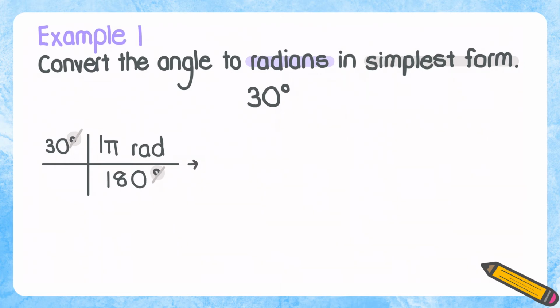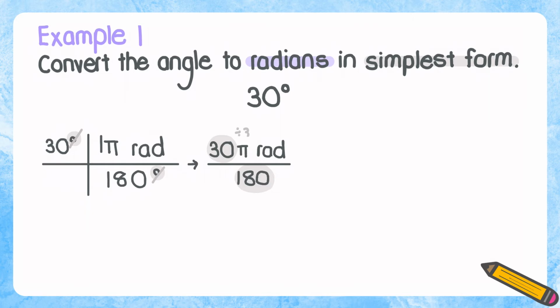We're now left with 30 times 1 pi, so just 30 pi radians, or rad, over 180. Notice how the degree unit has disappeared. I can simplify this by finding the greatest common factor of 30 and 180.